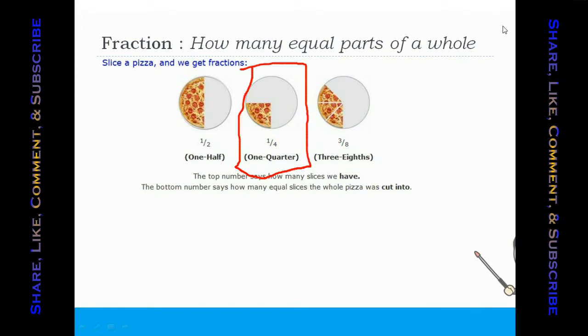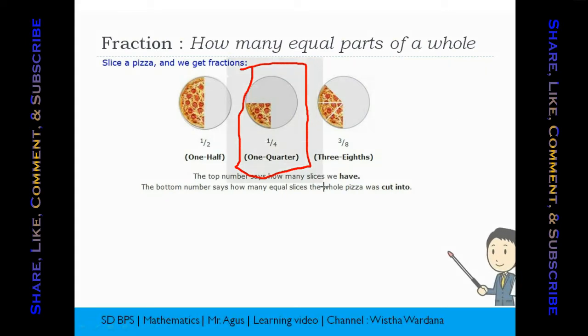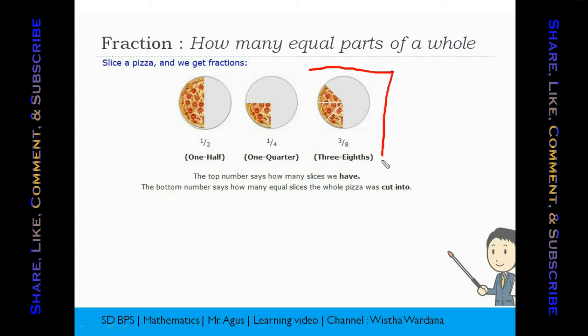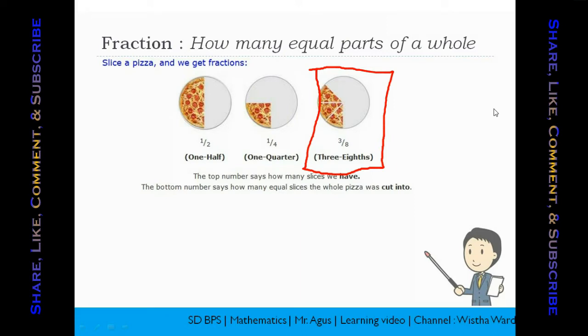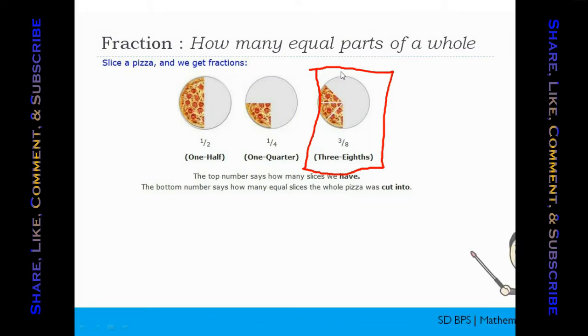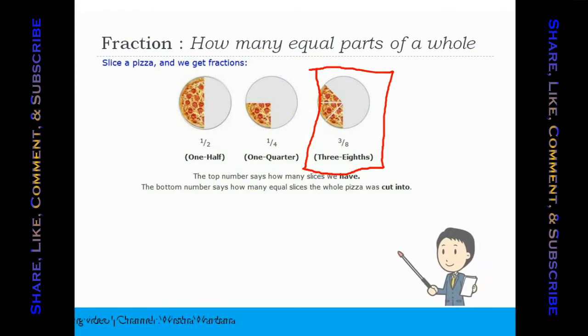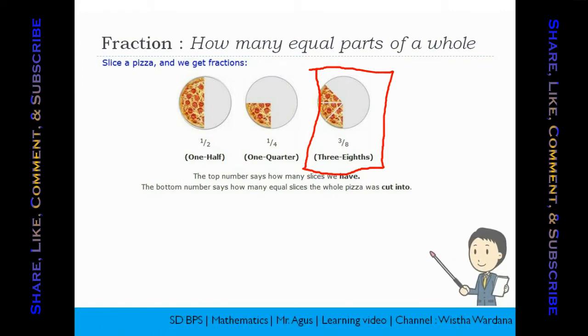And then if you want to cut the pizza into 8 equal parts, it will be like this. In the third figure. But in the third figure, we have 3 slices of pizza here. So the fraction is 3/8.